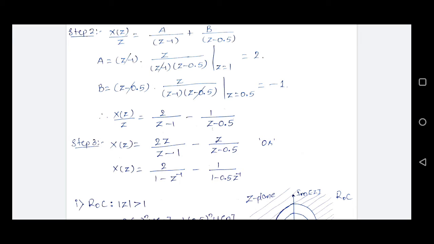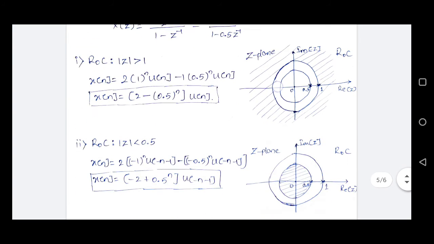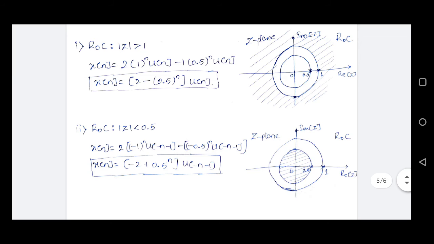Depending on the region of convergence in which we evaluate the z transform, the representation of its discrete time sequence will change. The first region of convergence we'll consider is if mod of z is greater than 1.